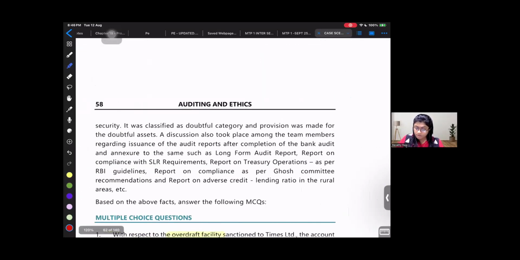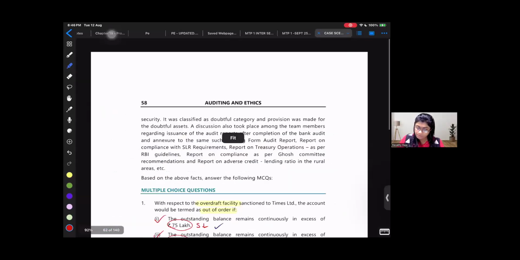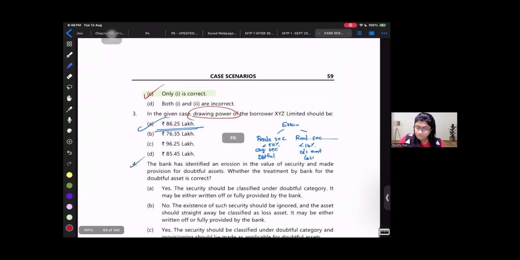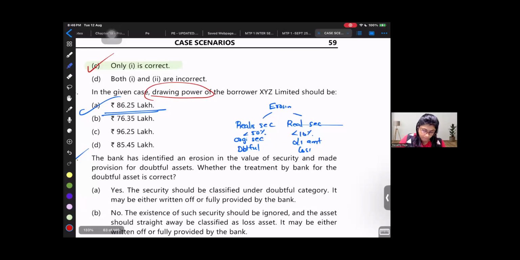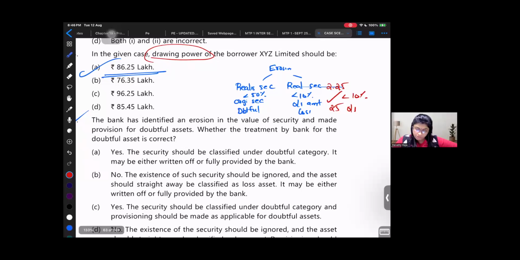So is it the first or second example? It comes in the second example, right? So realizable value of security is 2.25, outstanding 25, less than 10%. Doubtful or loss? 25 lakh outstanding, 2.25 less than 10%. So it is loss, right?